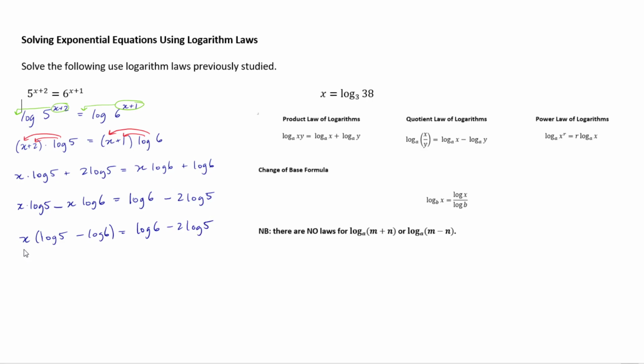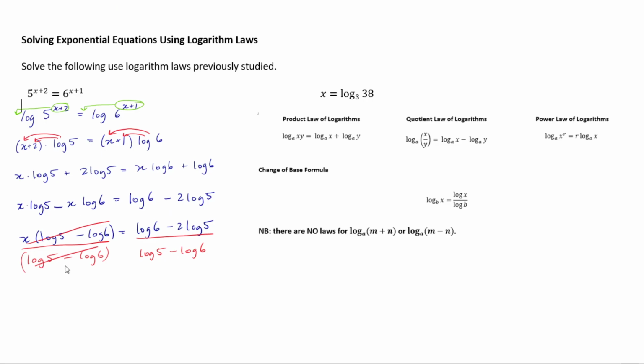And I can see that by dividing both sides by the log 5 minus log 6 factor, that's a binomial factor because there's two terms, that would cancel, and I'd just be left with x. But I've got to rewrite it here, log 5 minus log 6.